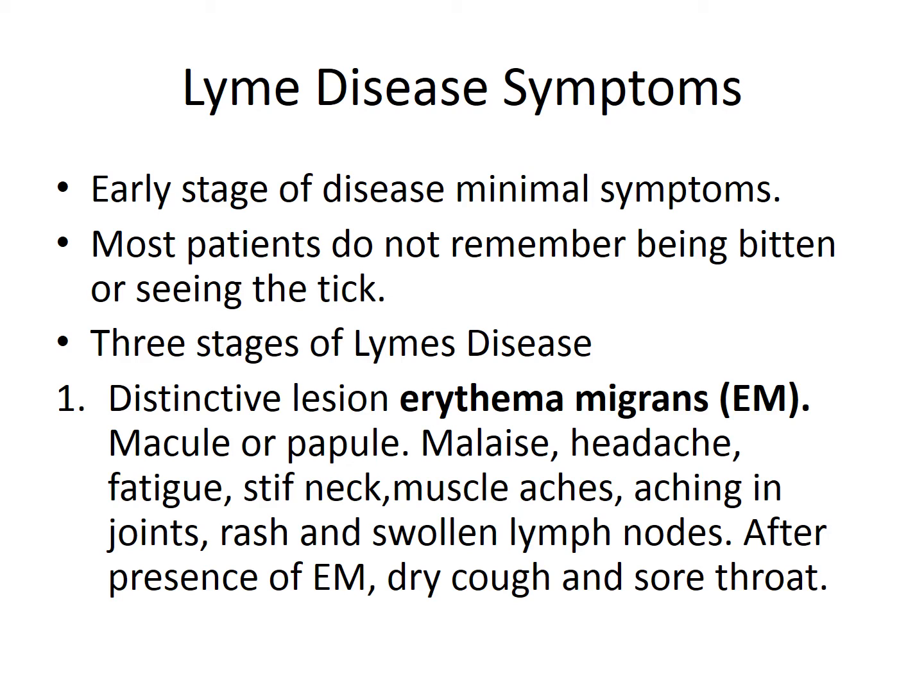The one thing that they do see with Lyme disease within the first stage is a very distinctive lesion called erythema migrans, and it can be a macule or a papule, and they always like to refer to it as a bullseye, because what ends up happening is there's this little papule in the middle, and then you get a very distinctive clear area around that papule.